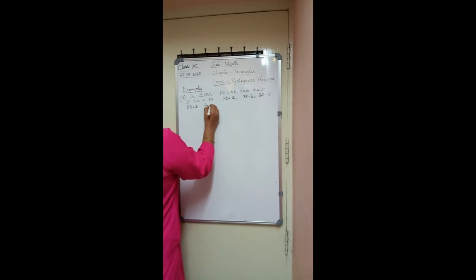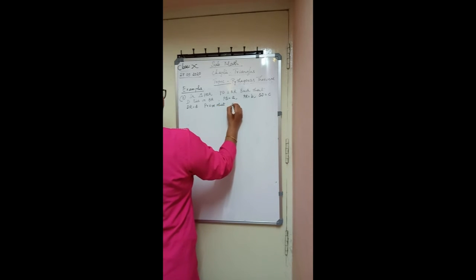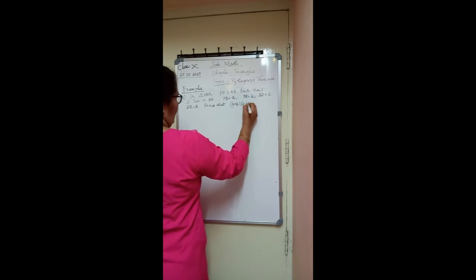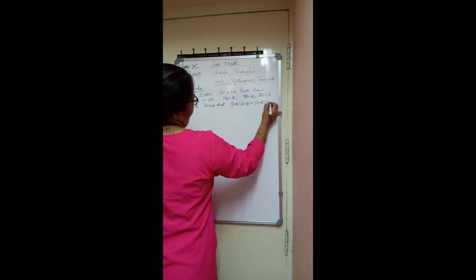Prove that (a plus b) into (a minus b) equals (c plus d) into (c minus d).